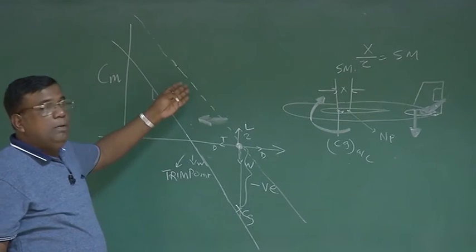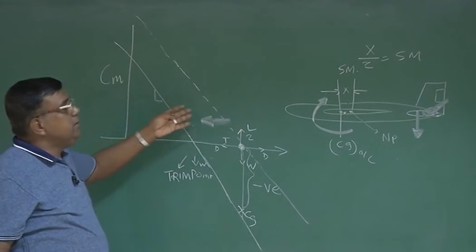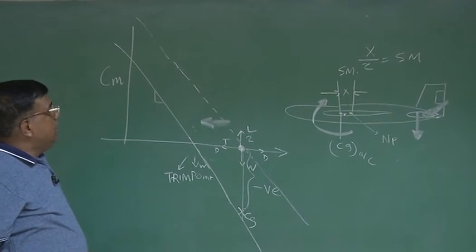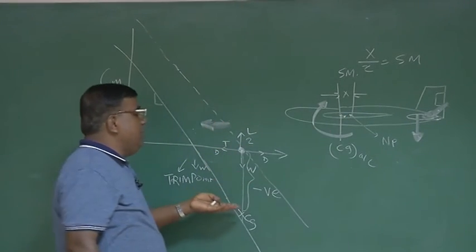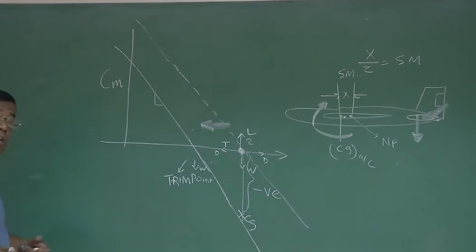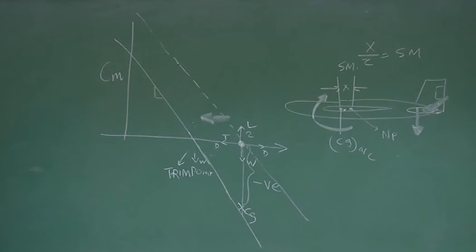So these two lines will be parallel because these two lines represent static stability. These two lines represent what is the neutral point, and CG is same for both the configurations of flight. The same airplane I am taking from one CL to another CL.